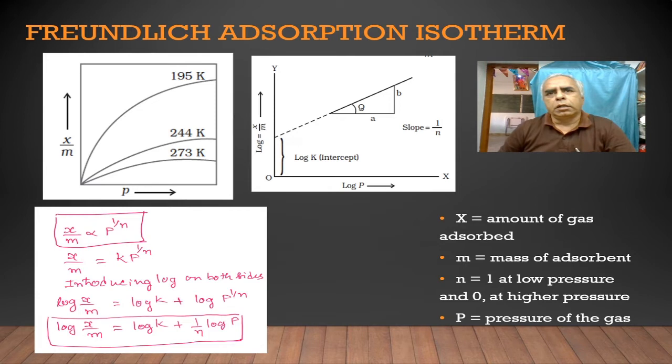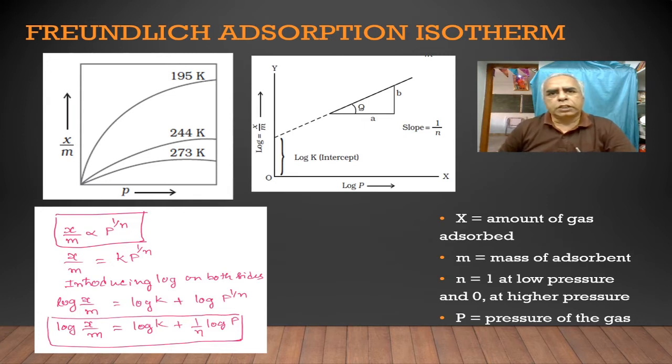But beyond that pressure, there is no further adsorption. It means there is a limitation. When we decrease the temperature, the extent of adsorption is more. When we further decrease the temperature, the extent of adsorption is much more. Are you able to understand this?